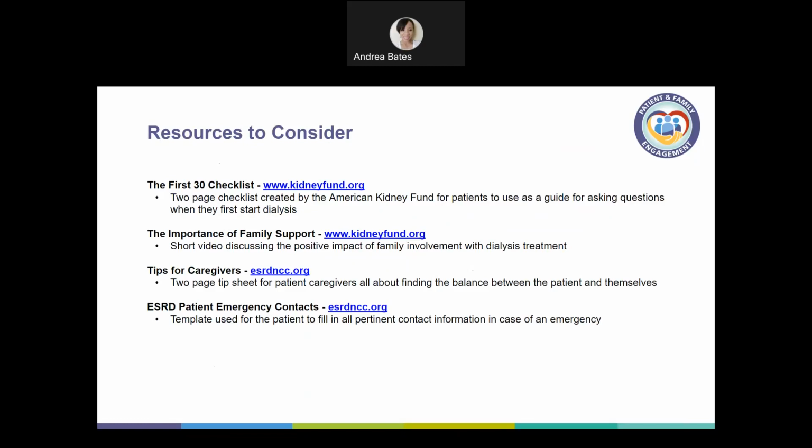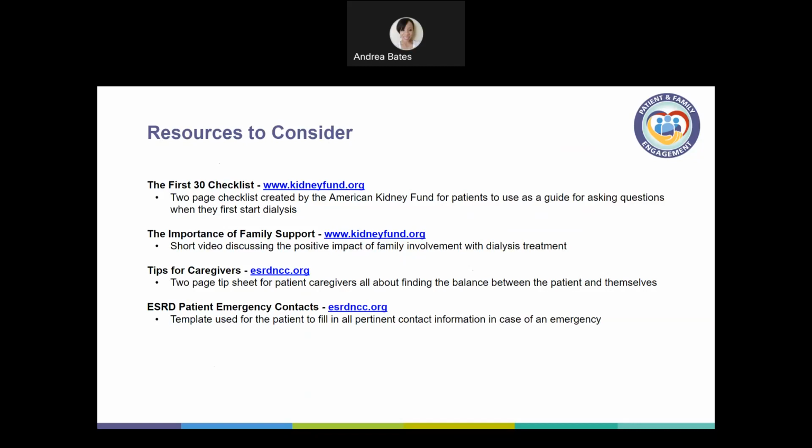The National Coordinating Center, NCC, also has a tip sheet for caregivers and family members about finding balance and improving their quality of life. I think it's very important too that caregivers practice self-care as well as the patients.